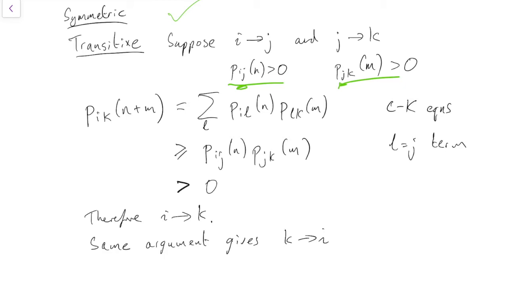We can use the Chapman-Kolmogorov equations in the same way. And if i arrows k and k arrows i, then they communicate with each other. And that proves transitivity. So that one required a little bit of work, but it was putting together the common sense idea that if you can get from i to j and j to k, then you can get from i to k, and you take the route that takes you via j. And that's what we just proved there.